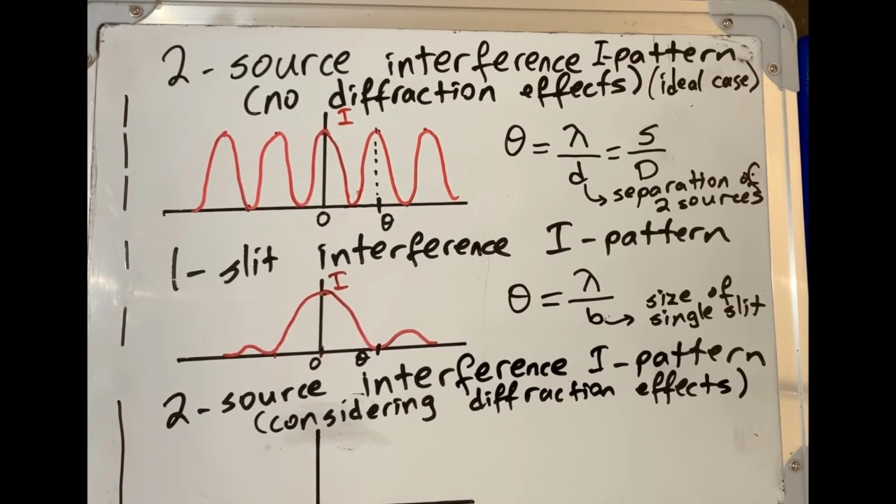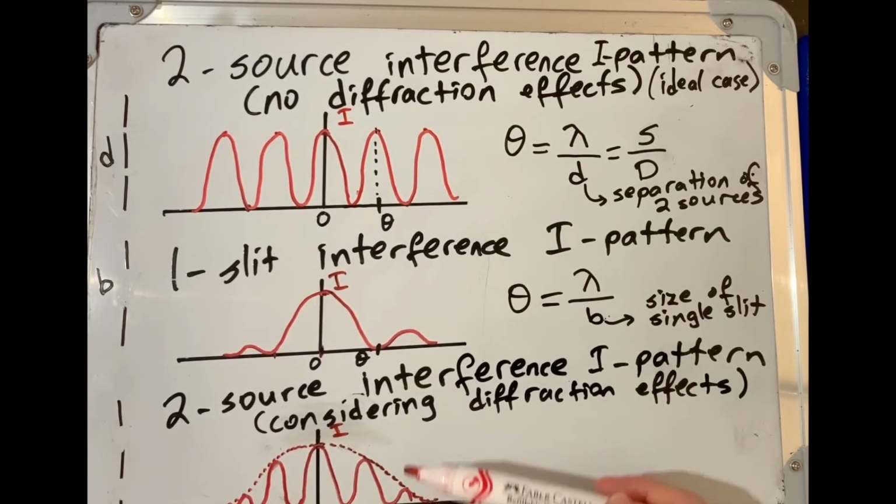So they are actually individual single slits, which obviously cause their own diffraction effects. This is one source and this is the other source, which are not point sources. If this is the case, on the screen the intensity pattern looks like this. You can see it's kind of a combination of these first two.